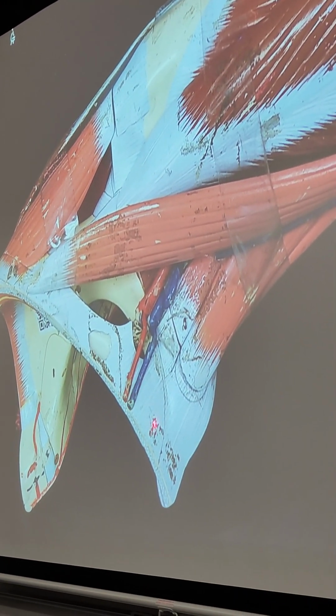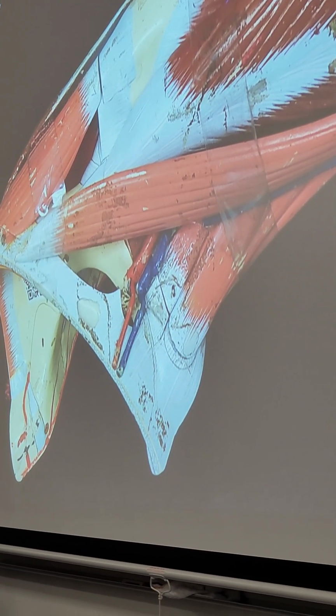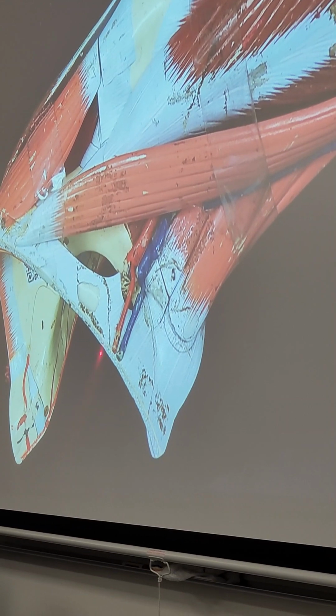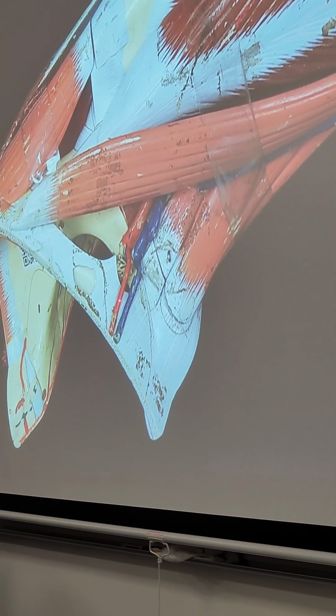This is inguinal ligament from pubic symphysis to anterior superior iliac spine. So when the external iliac in the pelvic cavity passes underneath inguinal ligament, we call it femoral artery.